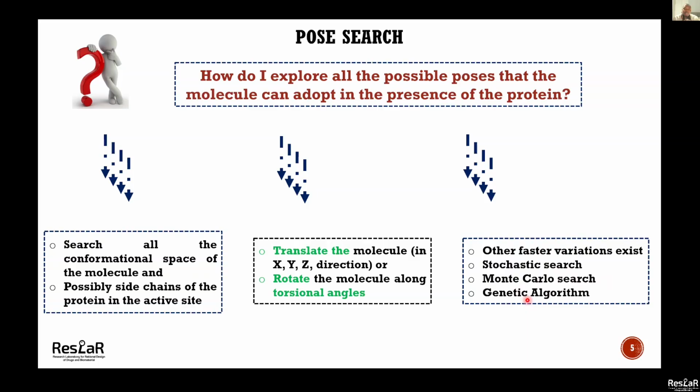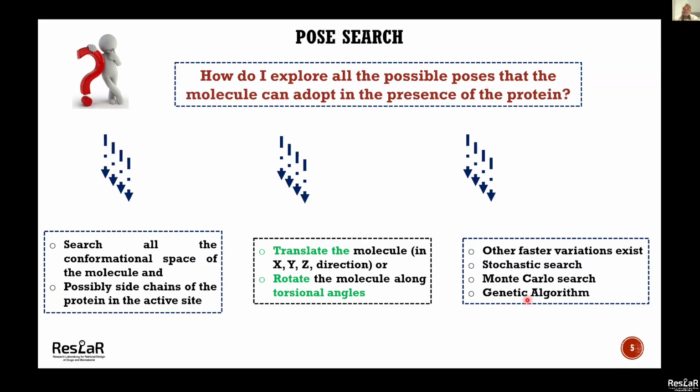So these are other methods that help us arrive at the best possible pose as fast as possible. Because these methods use energy minimization. So for each particular pose, it computes the energy, and once it reaches an energy minimum, it assumes that that is the most stable pose of the molecule.